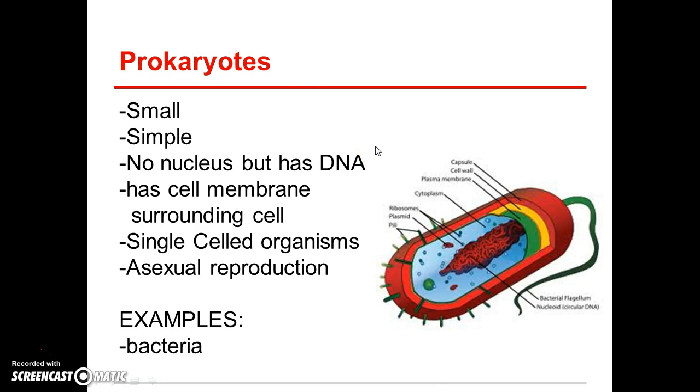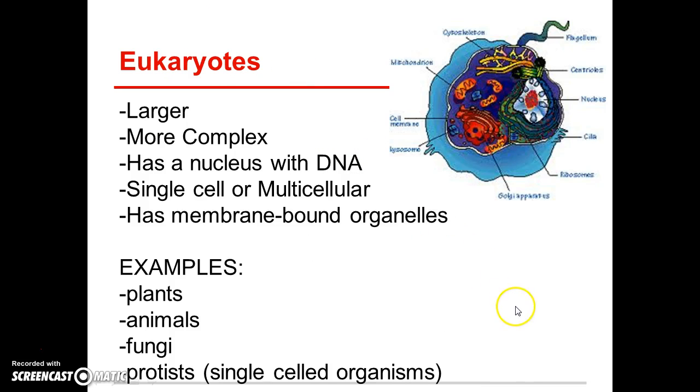On the flip side, we also have eukaryotes. Eukaryotes are you. You are a eukaryote. The cells themselves are larger. They're much more complex. There's cell specialization, so we have specific cells that do specific jobs. Each of the cells has a nucleus, and inside the nucleus you can find the DNA, whereas if you recall, prokaryotes don't have a nucleus, but they do have DNA.